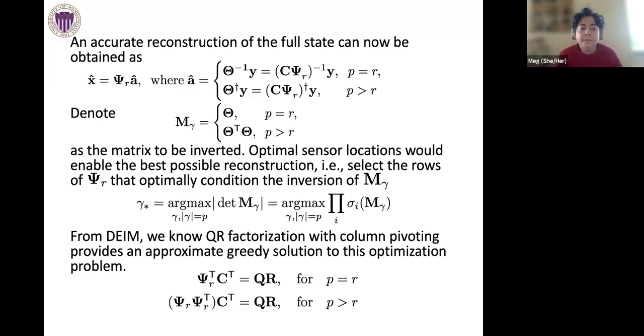This is from discrete empirical interpolation methods. So this matrix can be computed. Now the sensor locations can be computed from our Phi r matrix. Let's move on to the next slide.